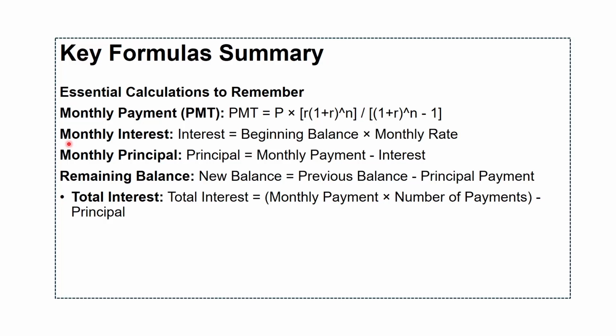Then key formula summaries. So, here we can see monthly payment PMT. PMT is equal to P into a formula which we have seen earlier. Then monthly interest, interest is equal to beginning balance into monthly rate.